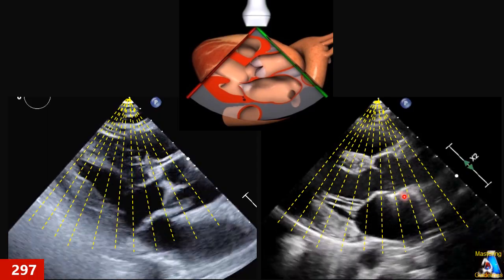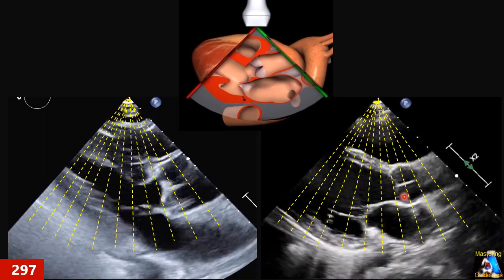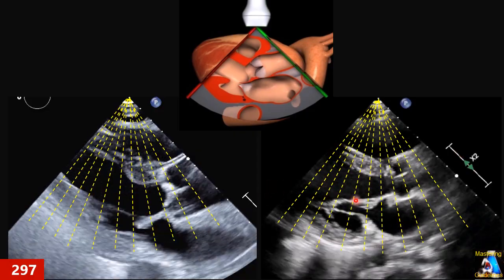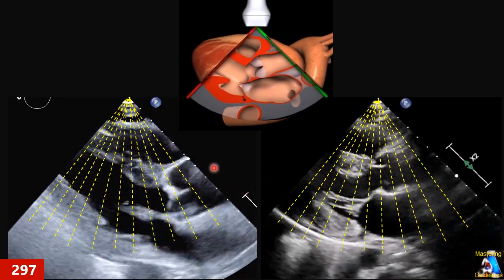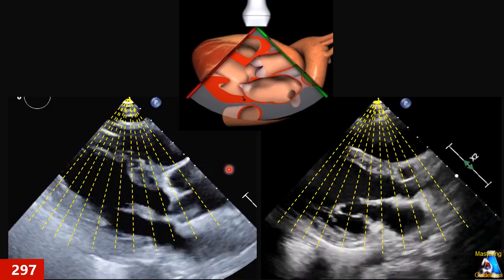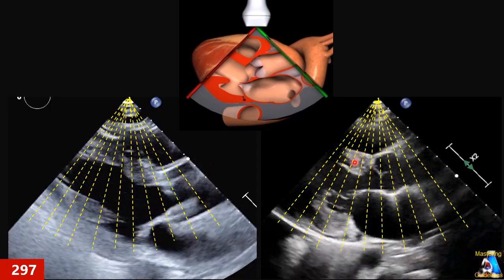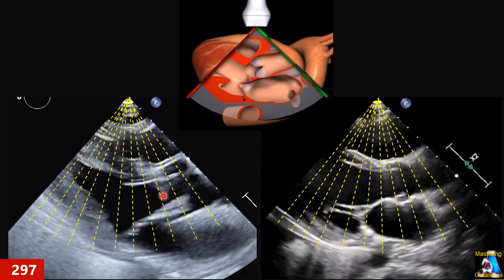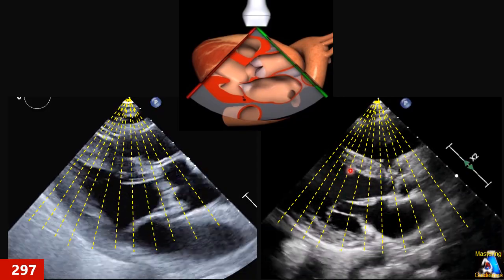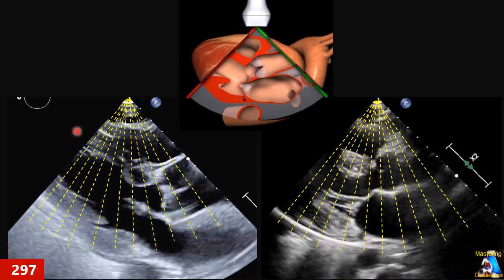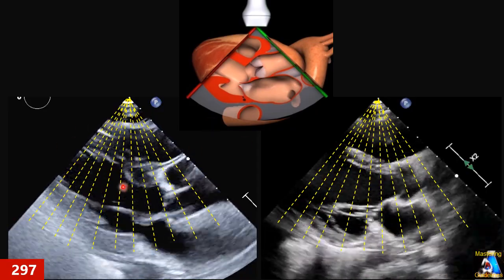If you have a good apical window, you can measure in the apical window. Just don't forget, when you measure, and I still see some people make this mistake, your measurement direction should be perpendicular to the wall too. Besides the sound beam for resolution, the measurement is the same: your direction of measurement should be perpendicular to the wall. Just keep that in mind.